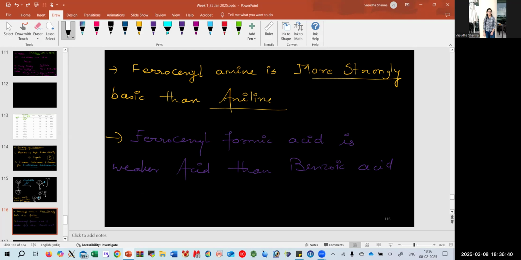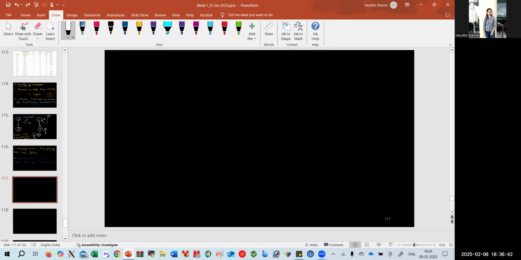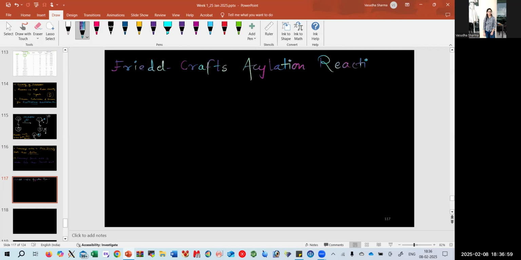Okay. Now let's see the Friedel-Crafts acylation. As we said, it undergoes electrophilic substitution.